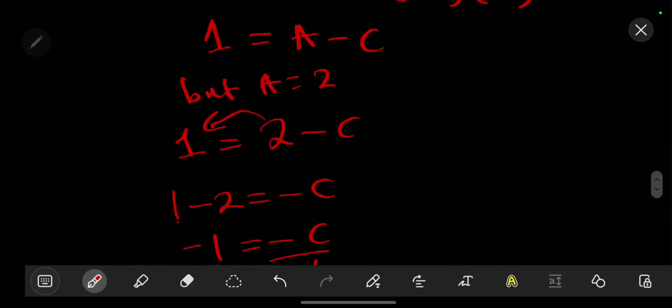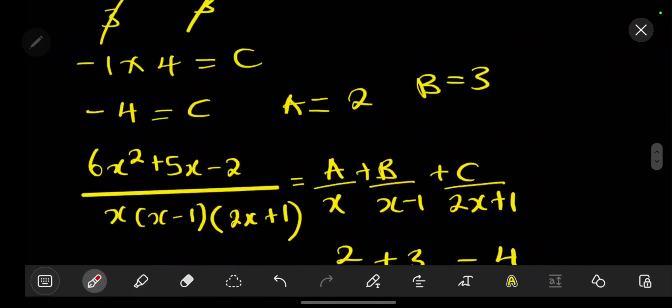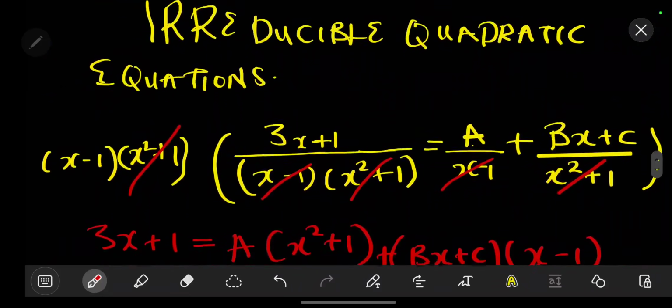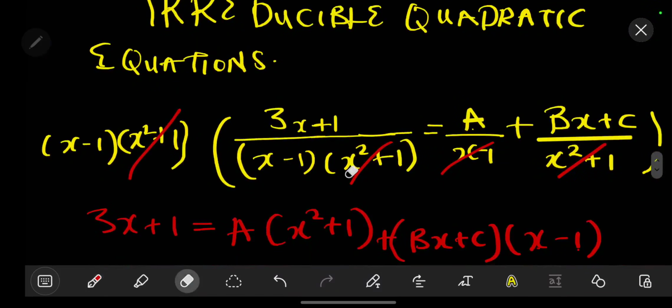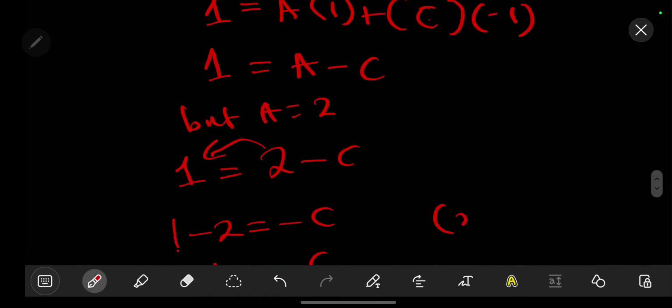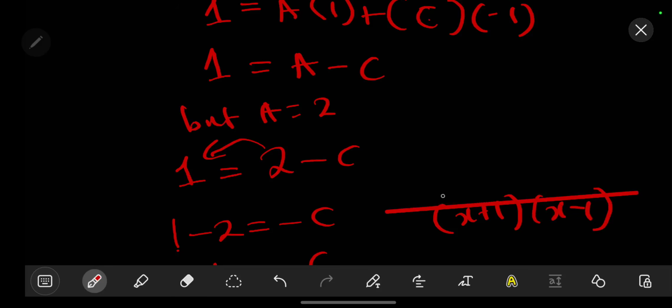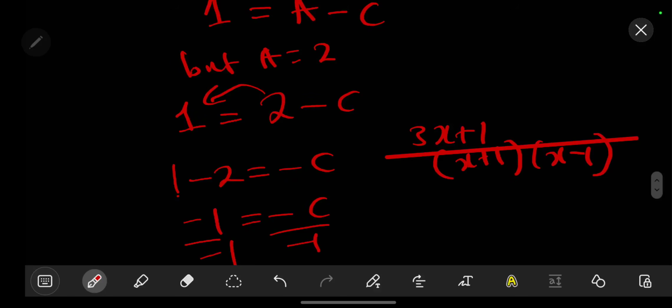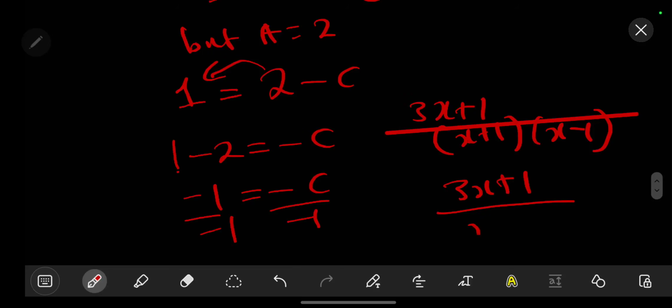Now pay attention to how the denominator has a greater power. In this case, the denominator has x squared plus 1, while the numerator is x to the power 1. Even if we have the denominator as x plus 1 times x minus 1 and on top, let's say, 3x plus 1, the denominator still has the greater power, because if you expand it, it will be a quadratic, x times x is x squared.